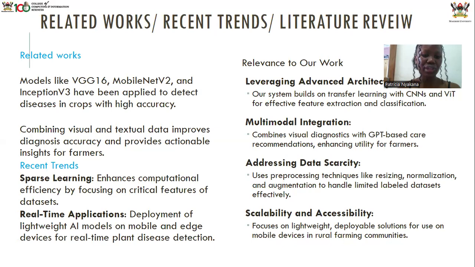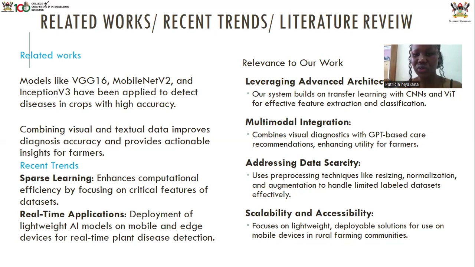For the related works, the CNN-based models like VGG16 and MobileNet have shown high accuracy in crop disease detection, and multimodal systems combining visual and textual data offer actionable insight for farmers.